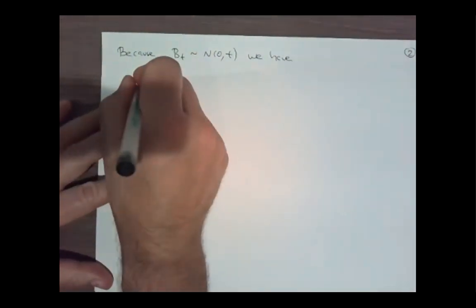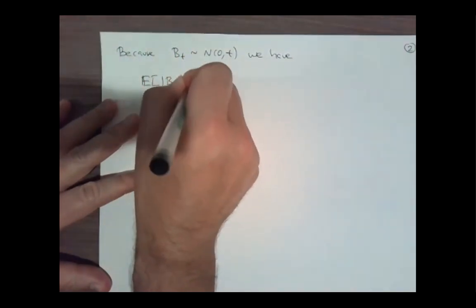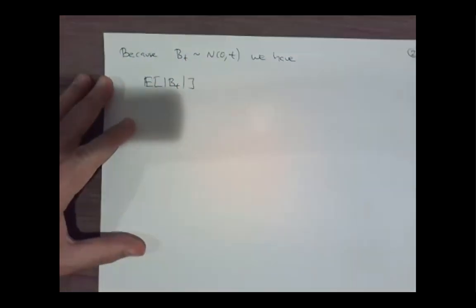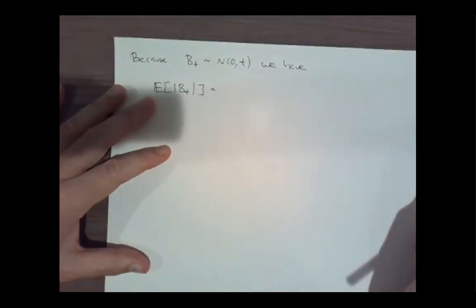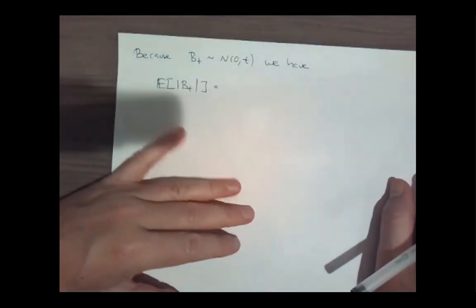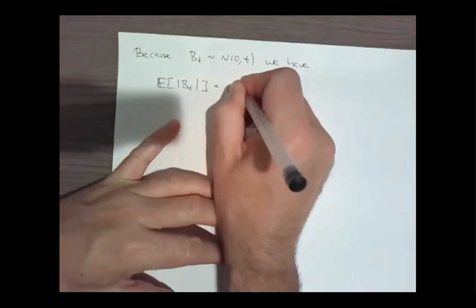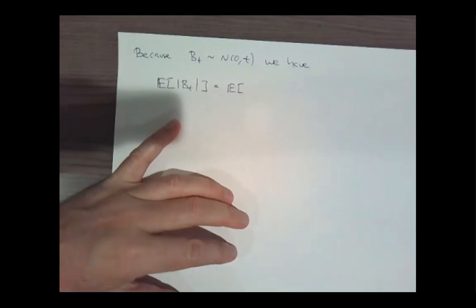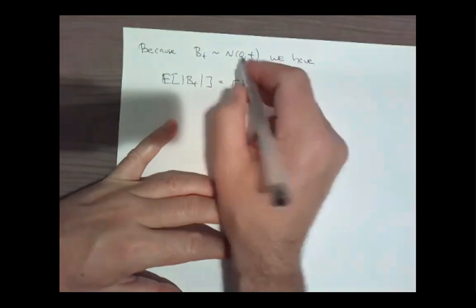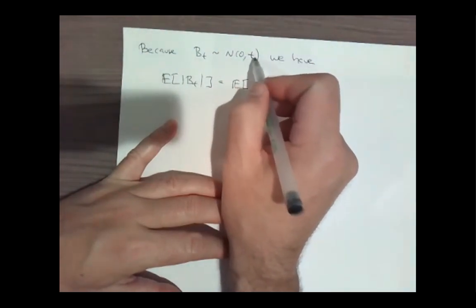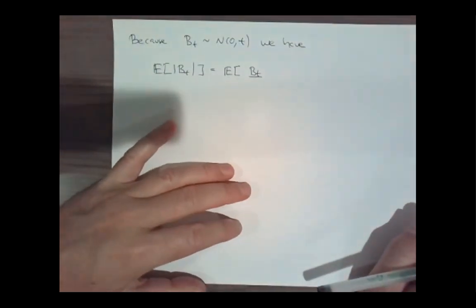I can compute the expectation of, say, the absolute value of Bt. How would I go about doing that? I want something that is standard normally distributed. How do I get a standard normal distribution? I need to make the variance a 1. So I'll take Bt and then divide by, what should I divide by?